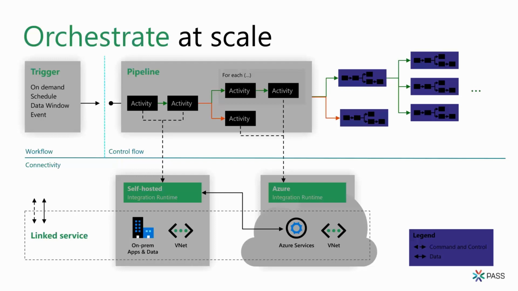The integration runtime is the execution environment for that. If you relate this back to SSIS, this is where the agent executing the DTSX package is running in order to perform the activity that's represented.